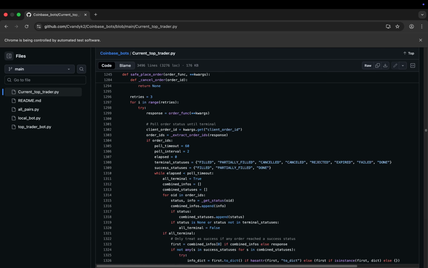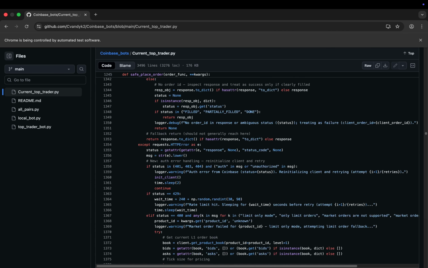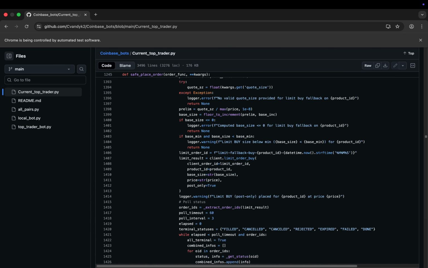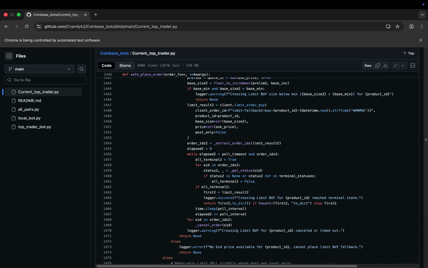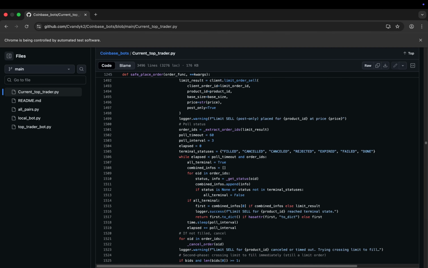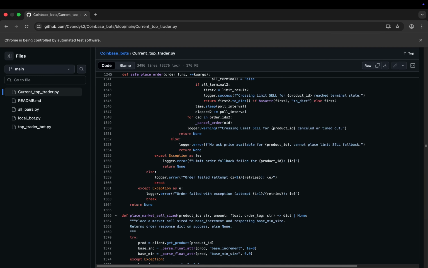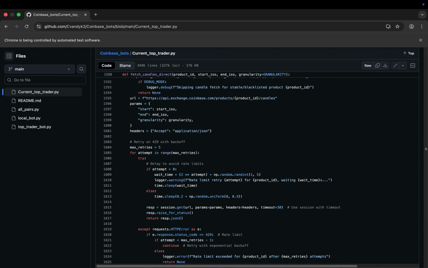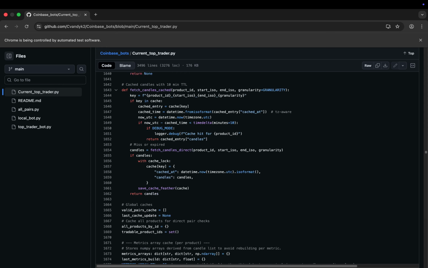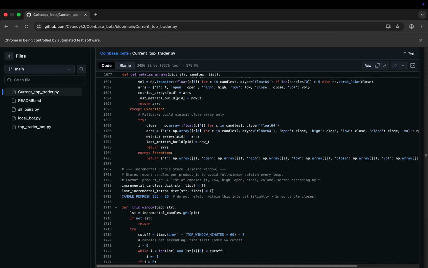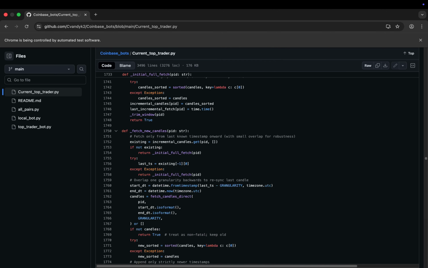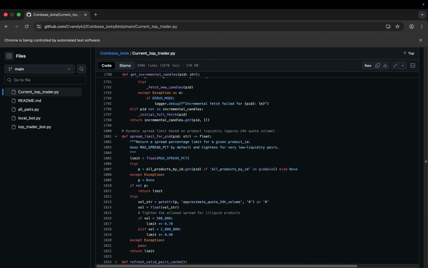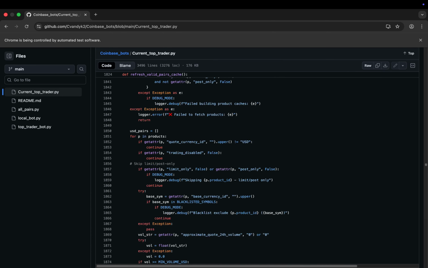It also defines thresholds for minimum trading volume, acceptable volatility, and RSI, relative strength index, bounds to filter for stable, liquid, and promising coins. To optimize efficiency, the bot caches recent market candle data with a time-based expiration, reducing redundant API calls.